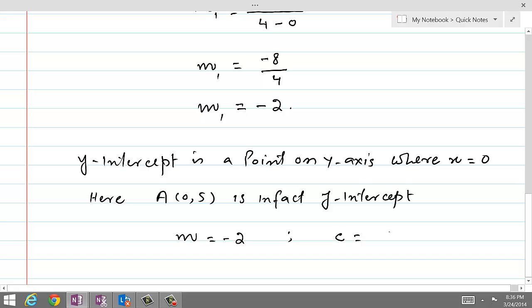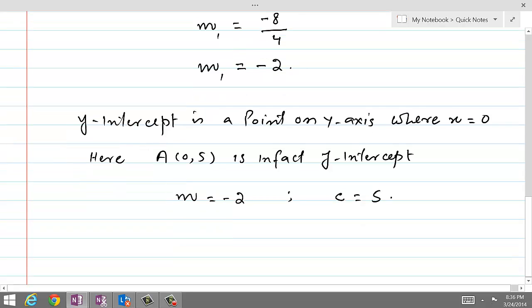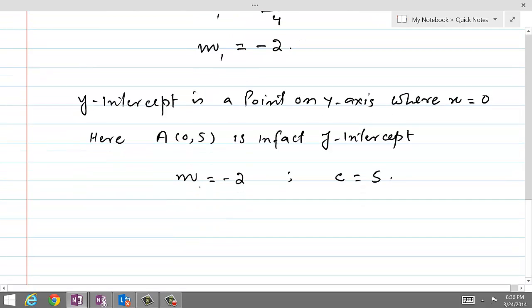But you should remember that y-intercept is the point where the line intersects the y-axis, and for that point x is always equal to 0. C is equal to 5. So this is for M1 and C1, just to indicate that these are the slope and y-intercept for line 1.